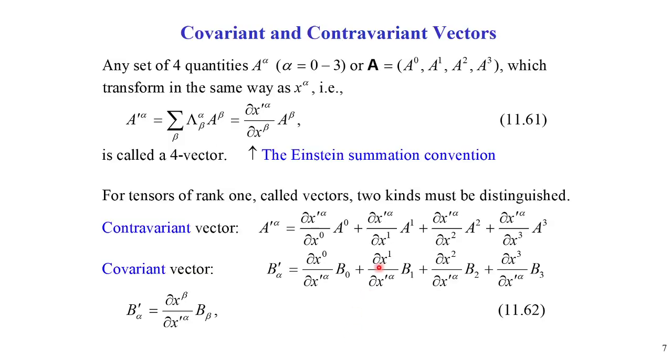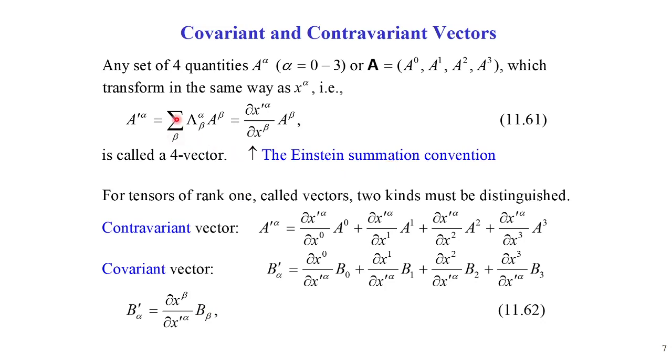And we talk about two vectors. One is contravariant with superscript. The other is covariant with subscript. Superscript, subscript, up and down. And we will use Einstein notation, the summation convention.